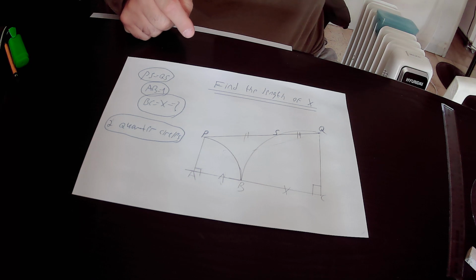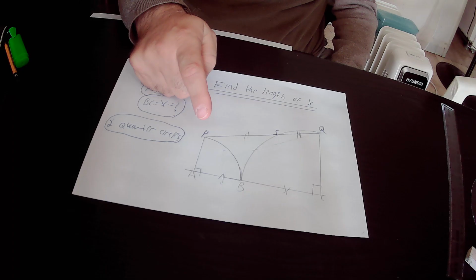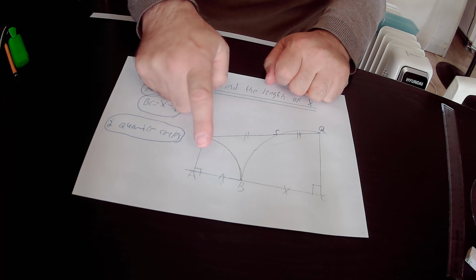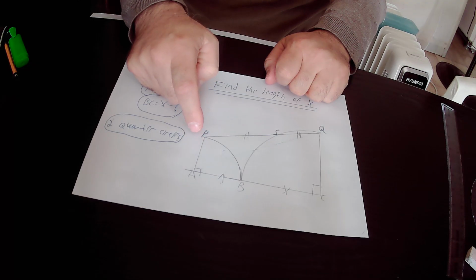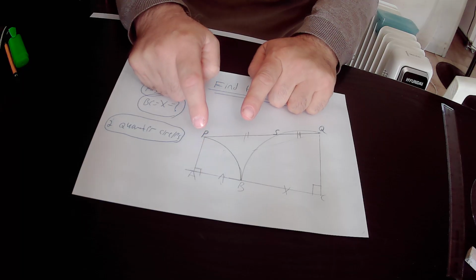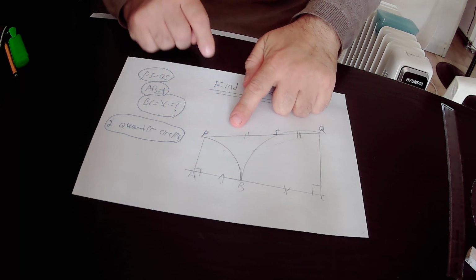So first of all, this is a quarter circle, and therefore AB equals AP. They are both the radii of this quarter circle, therefore they are equal to each other. But AB equals 1, therefore AP must also equal 1.